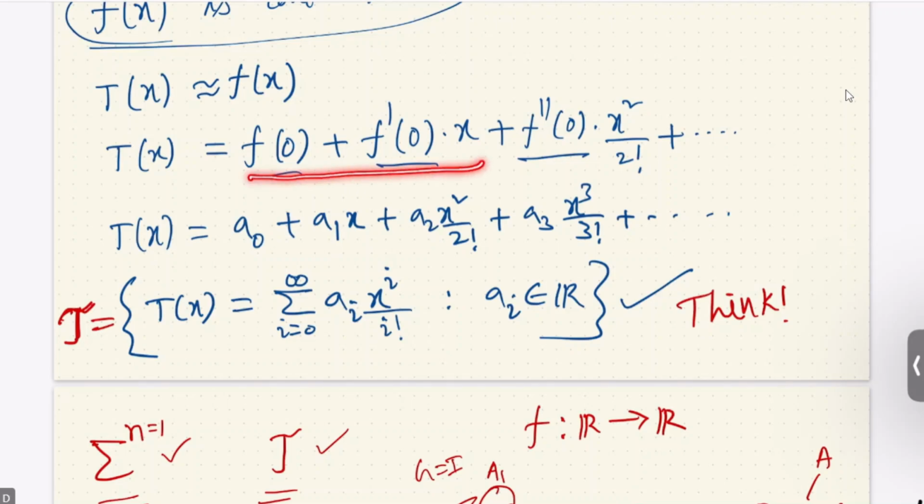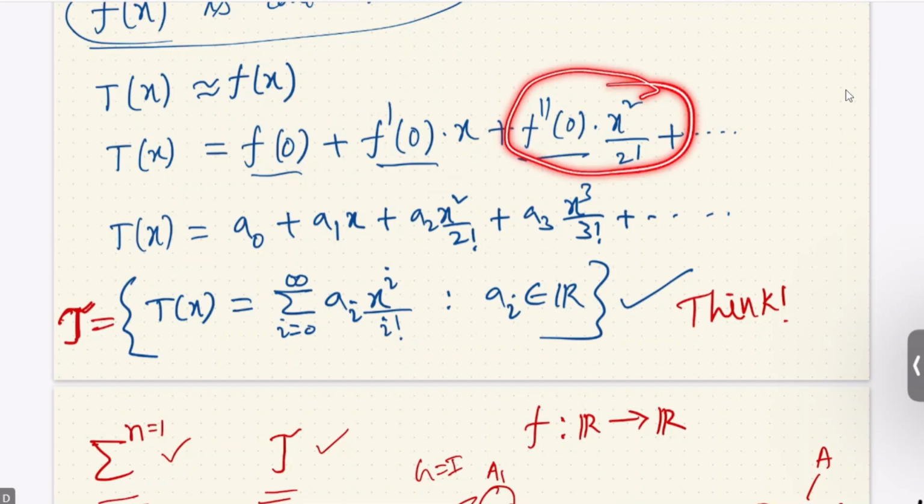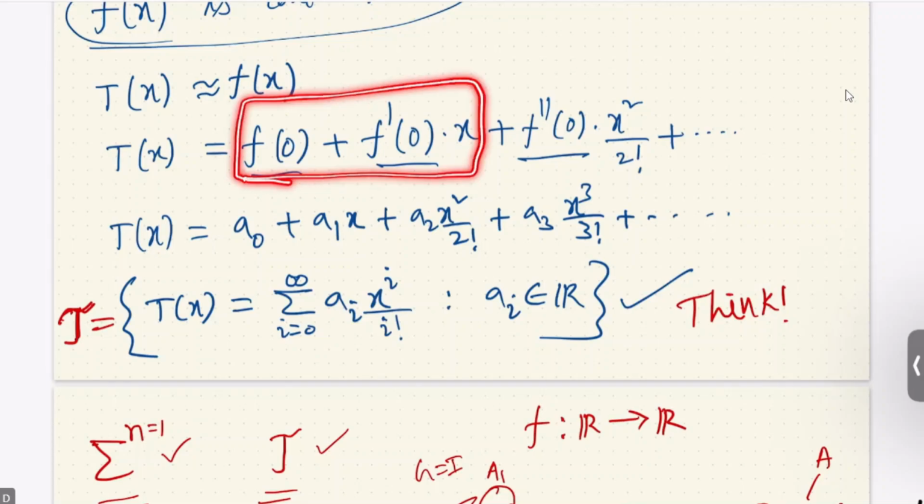Linear functions we can determine exactly. Linear functions are of this form only, ax plus b. You are getting ax plus b only. Why are you expecting this in the linear case? If f of x is linear, then you should expect only this one. If you are getting anything else, that means it is no longer linear.